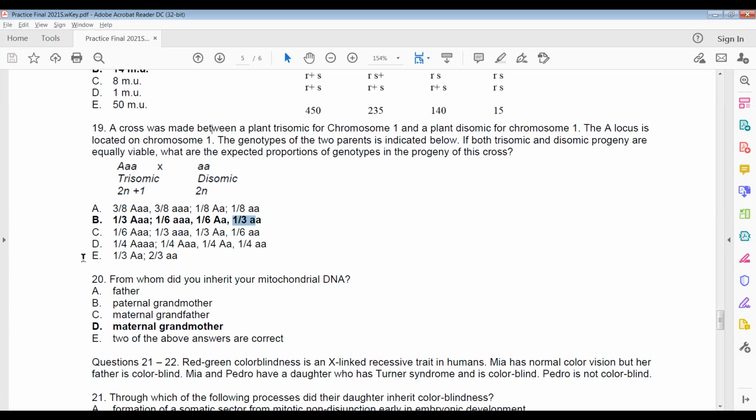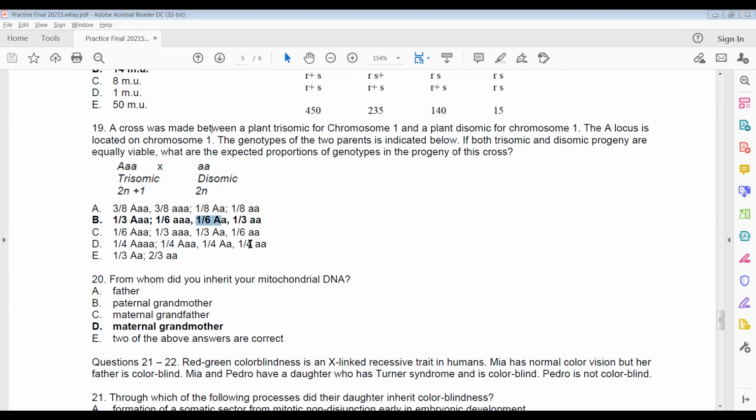And for the little a gametes, there will be 1/6, the same. This parent will produce 1/6 of the gametes of the big A. That's the gametes.